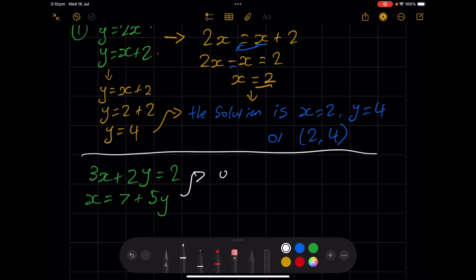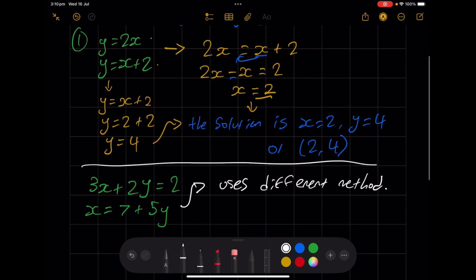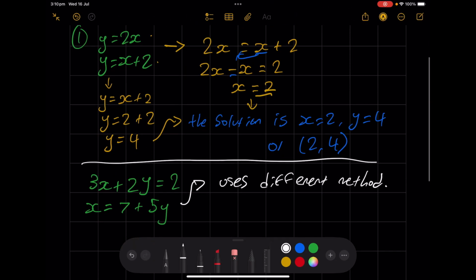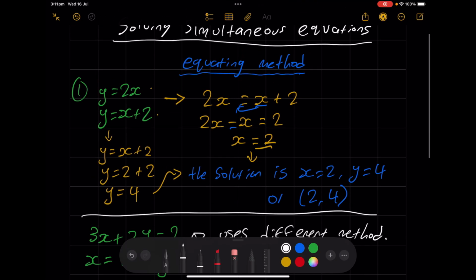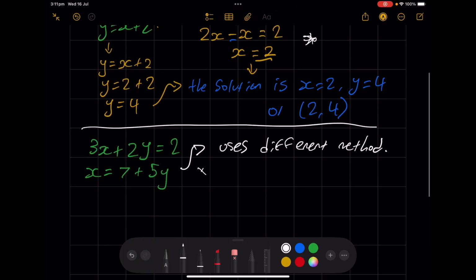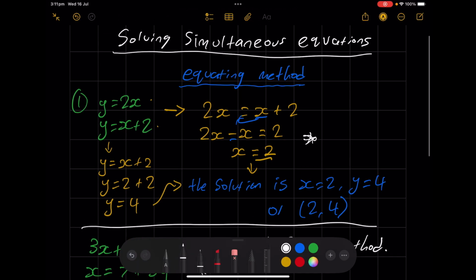This question uses a different method that you will learn soon. However, it's not the focus of this video because you won't use it as often. You will use this equating method a lot more than the method for questions like this. This video is just for you to see how to do the equating method.